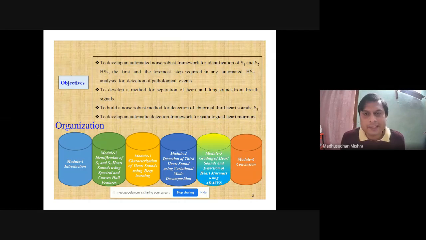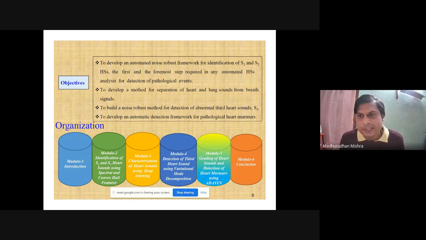So the first step is to develop a framework that can identify exactly the position of S1 and S2, because once these are identified, we can easily go for detection of third heart sound and fourth heart sound, and we know that murmurs are present between S1 and S2, and also between S2 and S1. That's why the correct location of S1 and S2 is very much required, and this is the first step for any automated heart sound analysis.